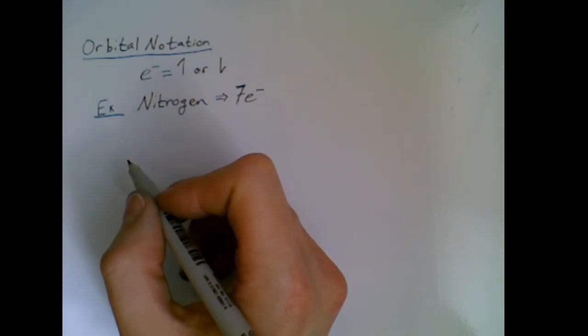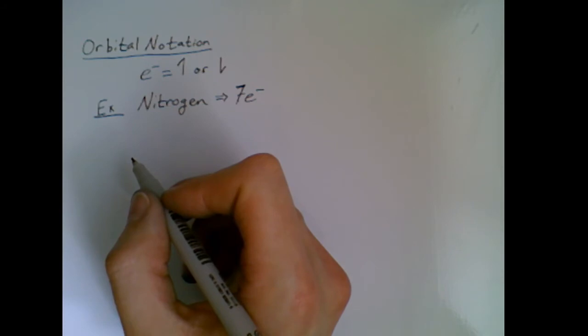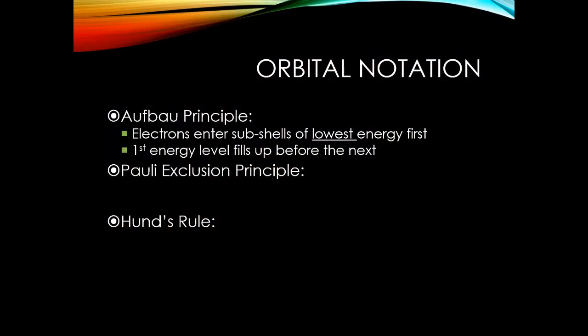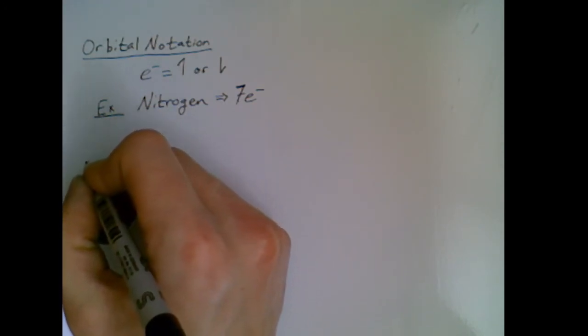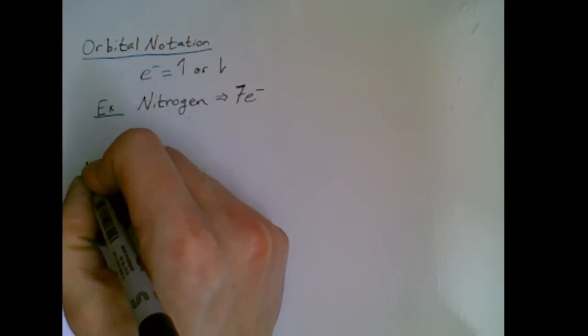This idea of starting with the lowest energy level is based on a rule called the Aufbau Principle. So the Aufbau Principle is that we always start with the lowest energy subshells very first. And the lowest energy subshell is the 1s subshell.